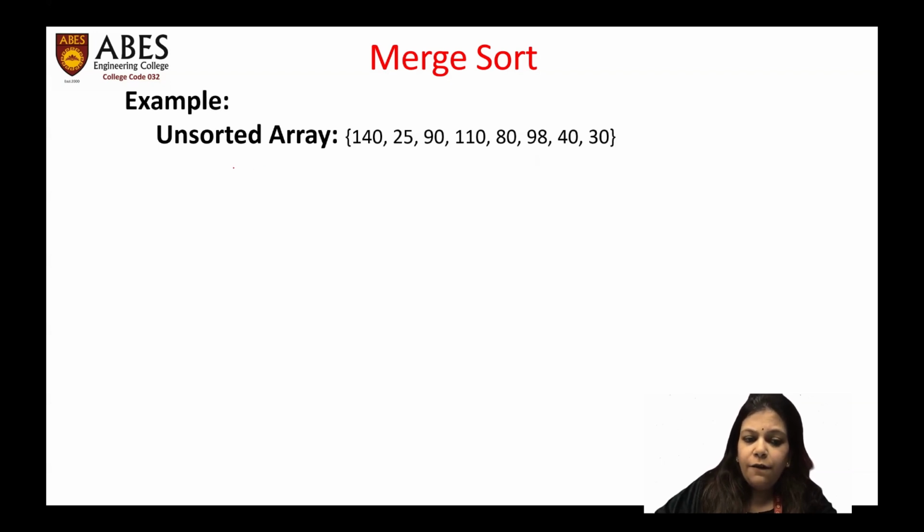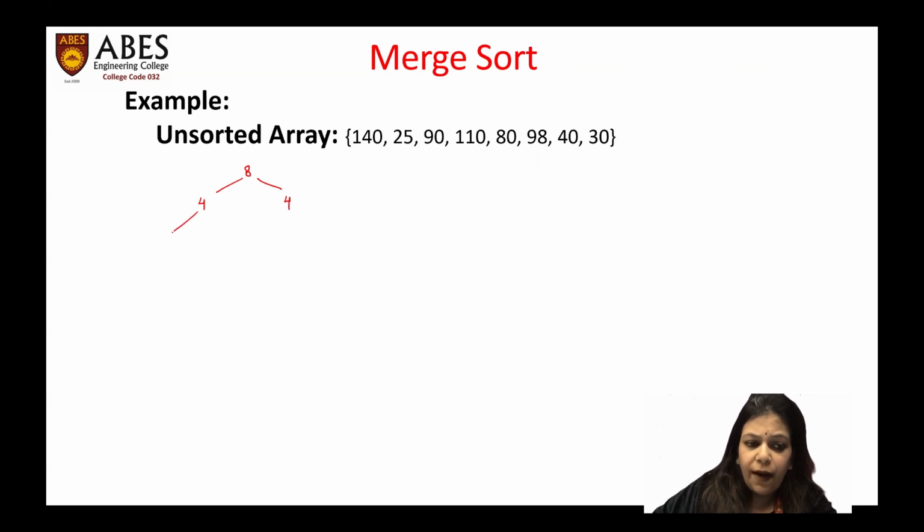So suppose we have an unsorted array of 8 elements. In order to sort this with the help of divide and conquer approach, we will first divide this problem having 8 elements into subproblems having 4 elements each.